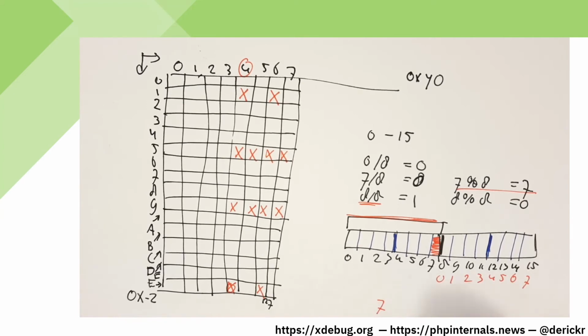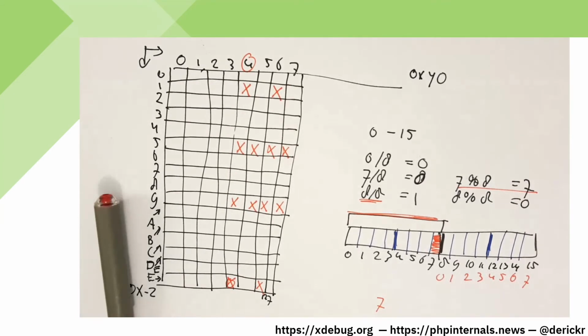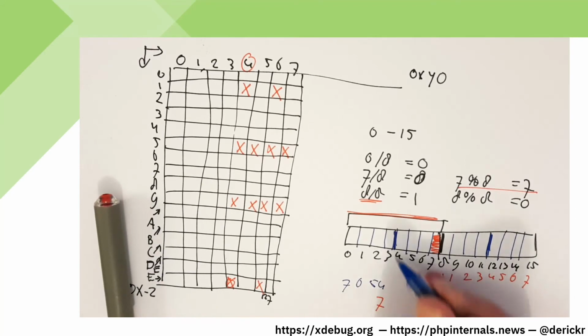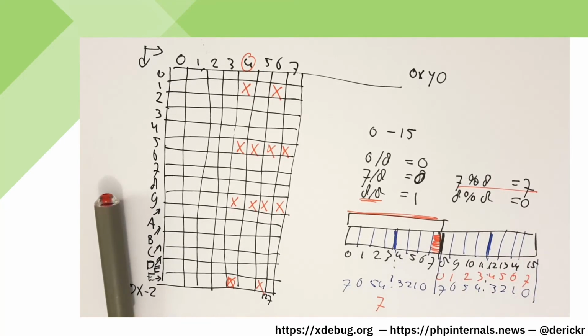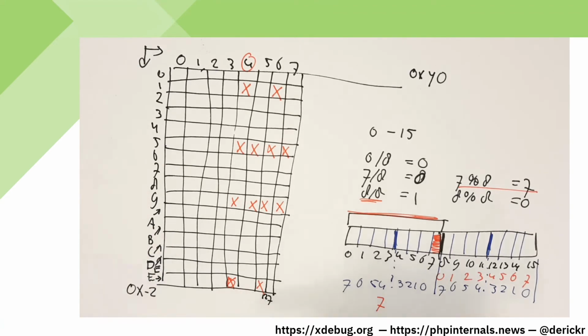But if we flip this around, which we can easily do, so we go from 7, I'll draw the line here to make it a bit more obvious, and do that twice. Then we can very easily calculate from a bit number to a number that would fit this whole thing.